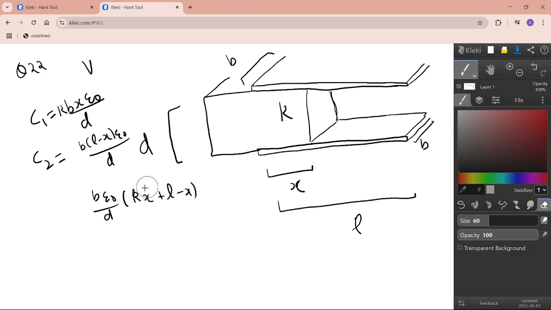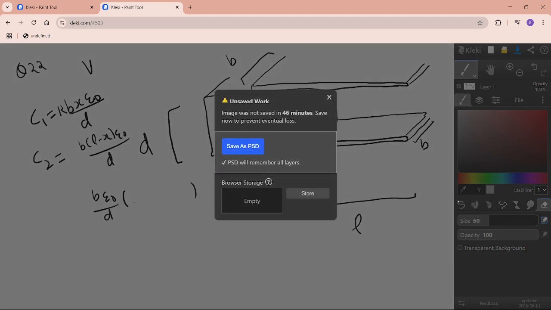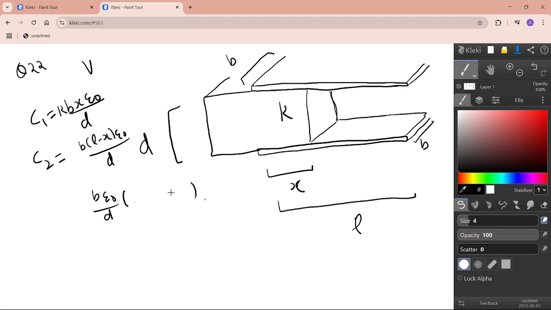And if you take x common, L plus x(K minus 1) will become the same as Kx plus L minus x. So b epsilon naught by d times (L plus x(K minus 1)) is the equivalent capacitance.